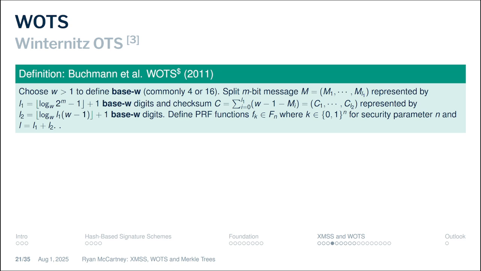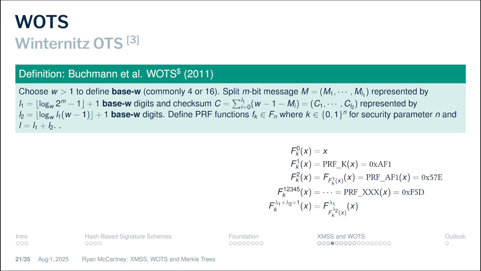Then we also need this pseudo-random function, as I've mentioned earlier, which is actually a set of pseudo-random functions. So this is where the WOTS$ differs from the original one. We have this family of functions which are indexed by their key, and instead of applying this hash function multiple times, we apply this pseudo-random function on some publicly known x multiple times, and every time we walk to the next key.